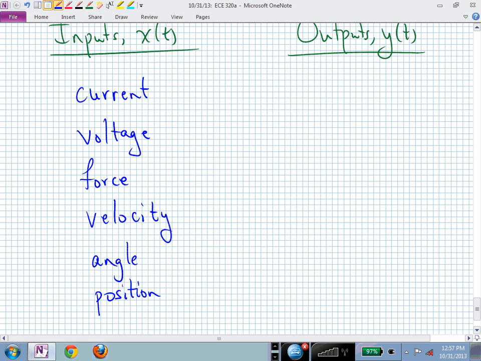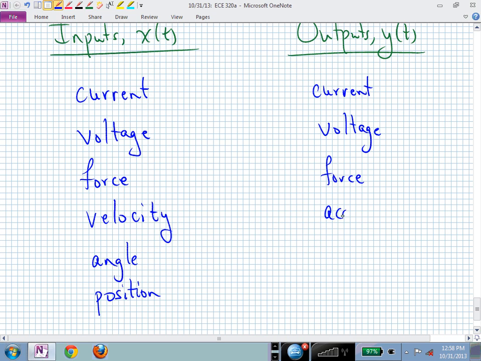What are outputs? Well, we could be interested in currents through different circuit elements, or voltage drops across those, or maybe in a mechanical system we're interested in the force, or in an electromechanical system that machine is now delivering a certain force somewhere in our entire system.